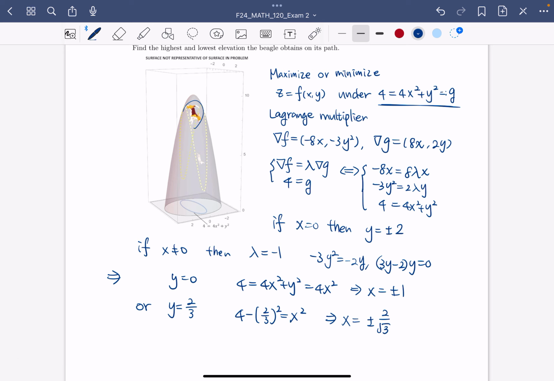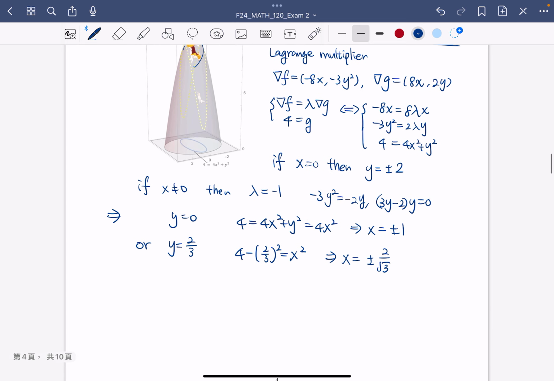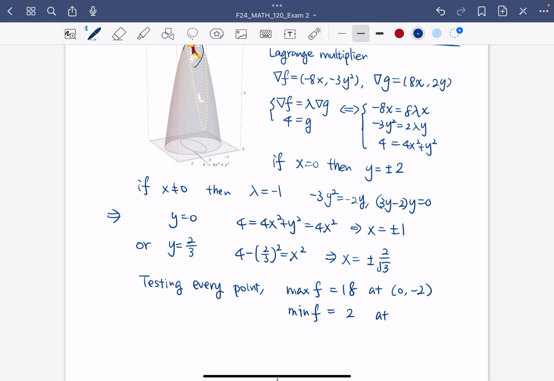Then we can find them through Lagrange multipliers. Let's skip the detailed computation, but after testing every point, we find the maximum of f is 18, which is at (0, -2), and the minimum of f equals 2, at (0, 2).